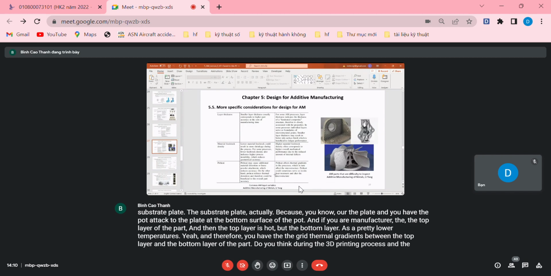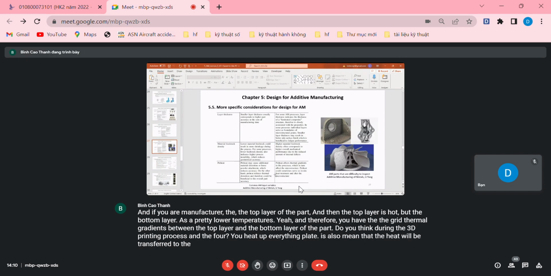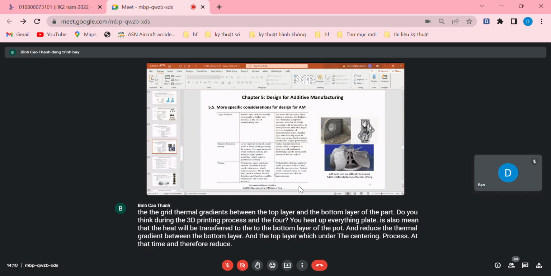Therefore, if you heat up the building plate, the heat will be transferred to the bottom layer of the part and reduce the thermal gradient between the bottom layer and the top layer, and therefore reduce the residual stress and reduce distortion.